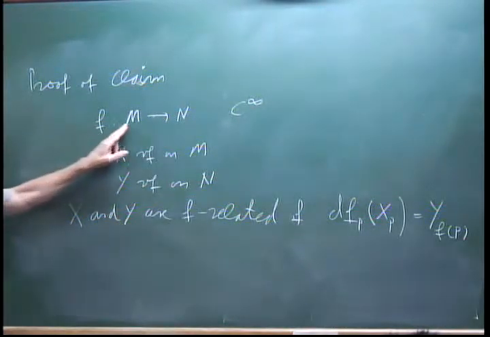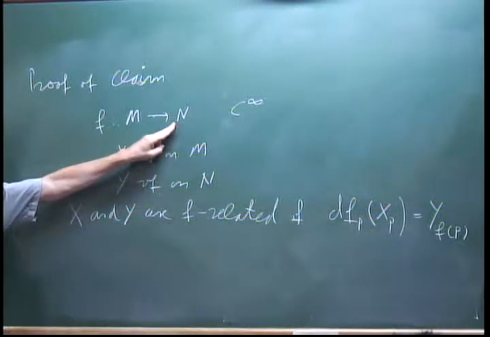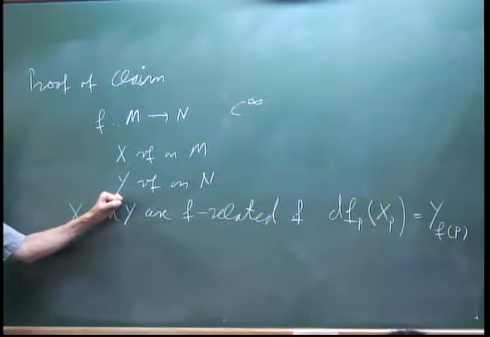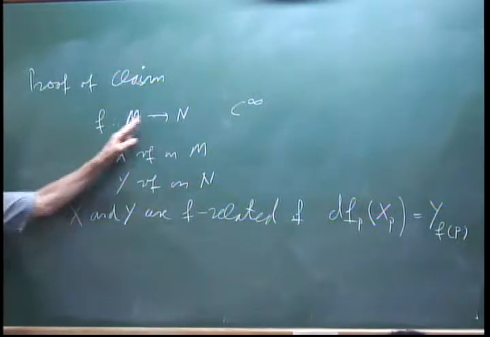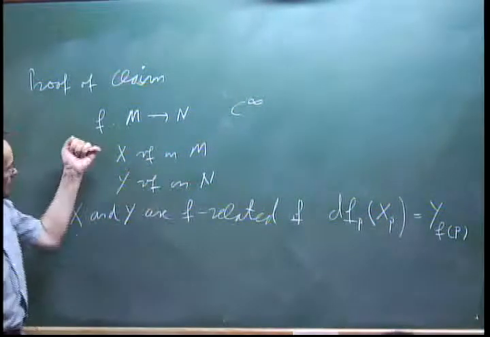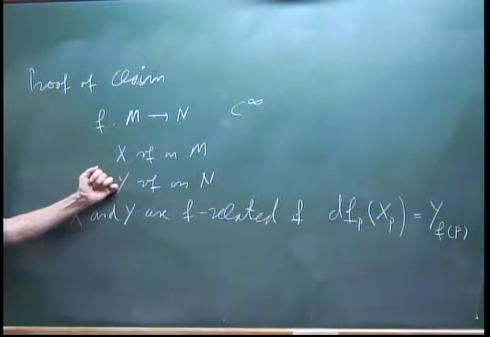Notice, of course, the image of F in N could be wild, and I'm assuming nothing about the map F except that it is C infinity. Here I'm assuming there's a smooth vector field on N whose restriction to the image is related in this fashion. If that's the case, I call this smooth vector field on M and this smooth vector field on N F related.